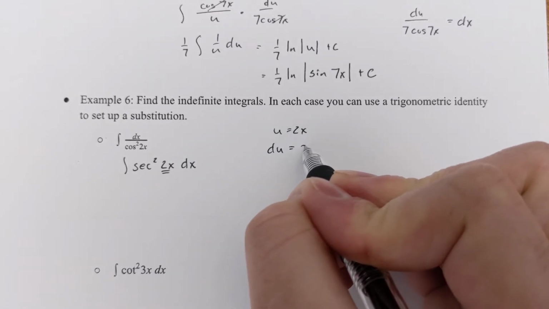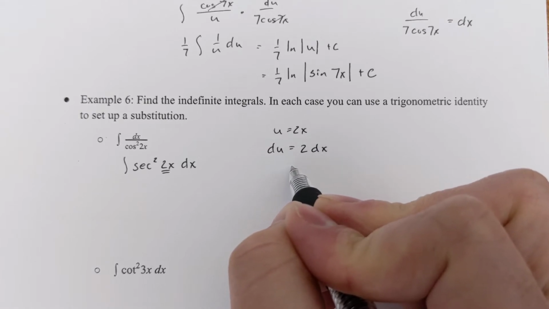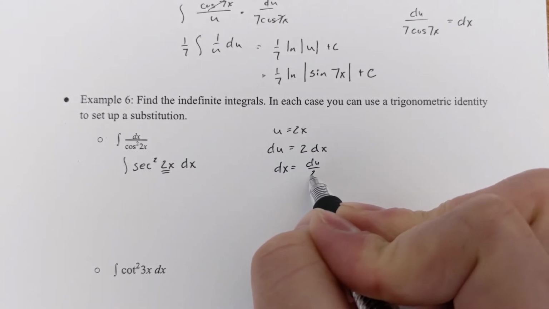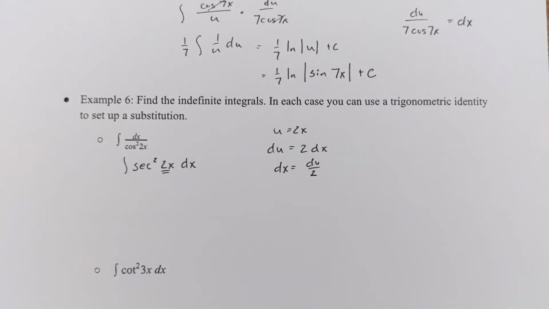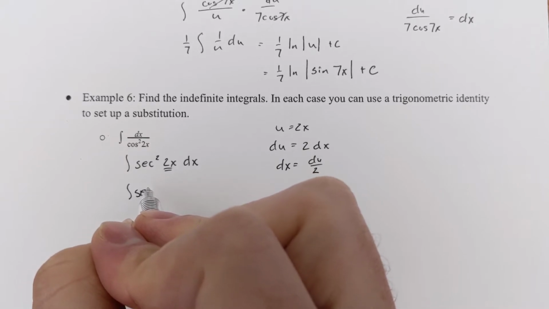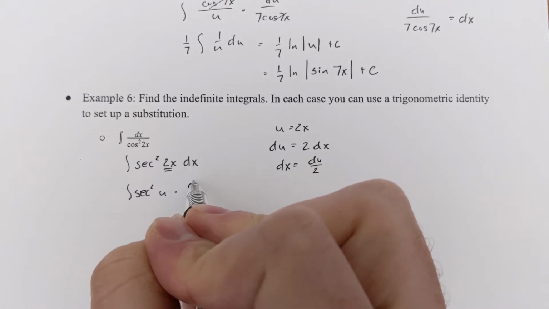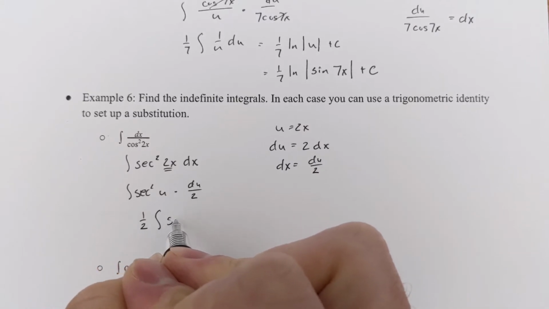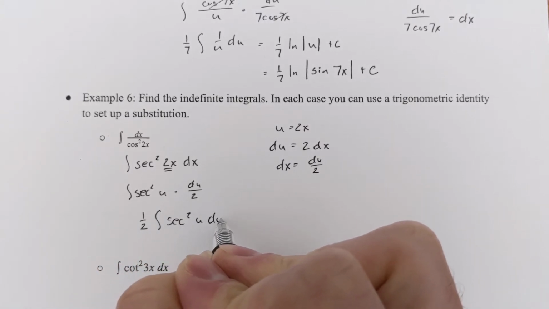So my du is 2 dx, which means dx is equal to du over 2, or half du. So do your substitution, the secant squared of u times du over 2. Over 2 is the same thing as having a half. So I've got this expression.